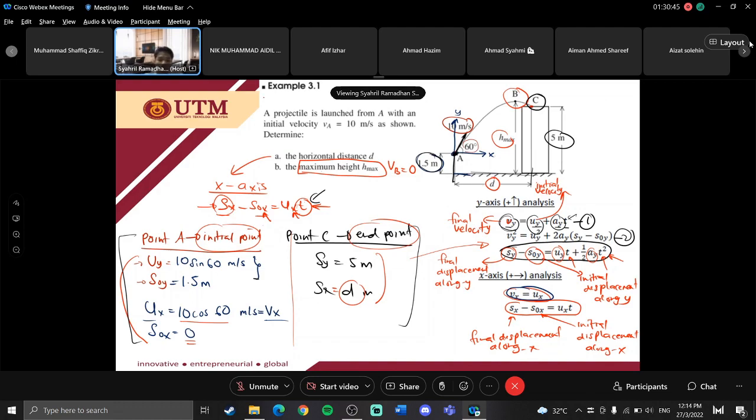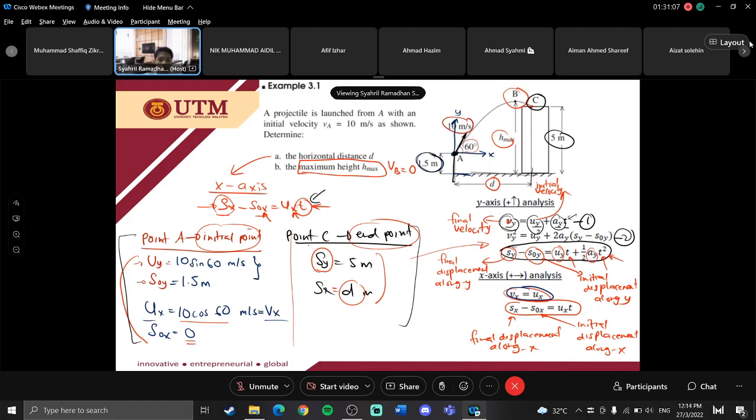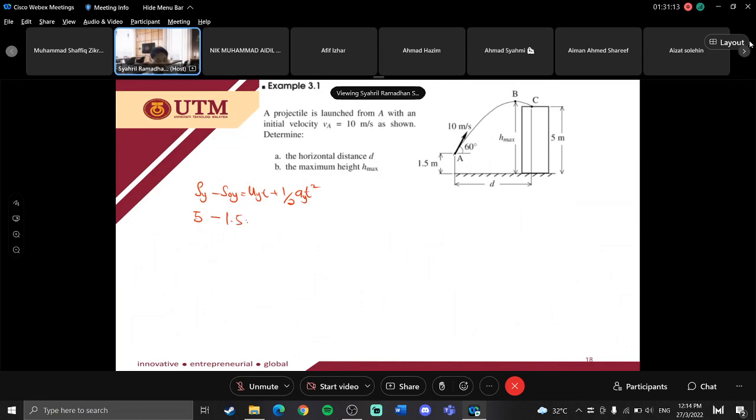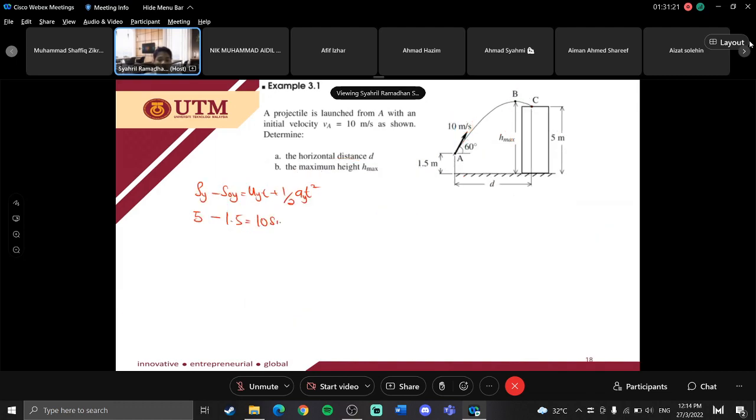So let me write the equation: sy minus s naught y is equal to uy t plus half a t squared. Okay, so this is ay, so half ay t squared. So sy minus s naught y. So what would be your sy? Sy is 5. S naught y is 1.5, equal to uy, which is 10 sine 60, 10 sine 60 t, plus half ay.